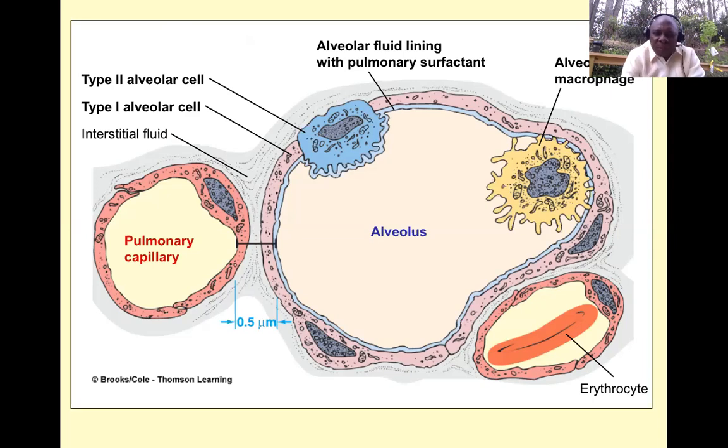And so the OBGYN therefore has to predict and foresee that this mother is in danger of having a premature baby, and the solution is easy.